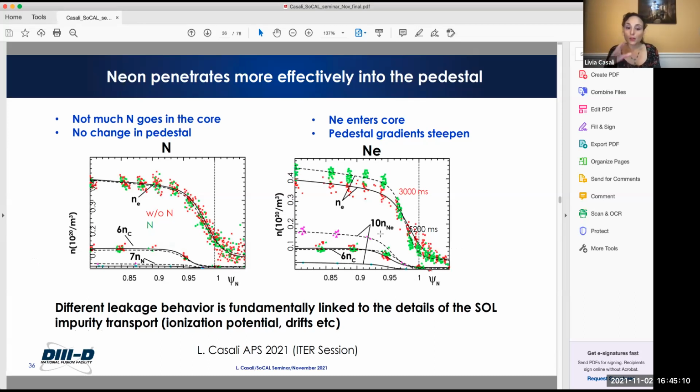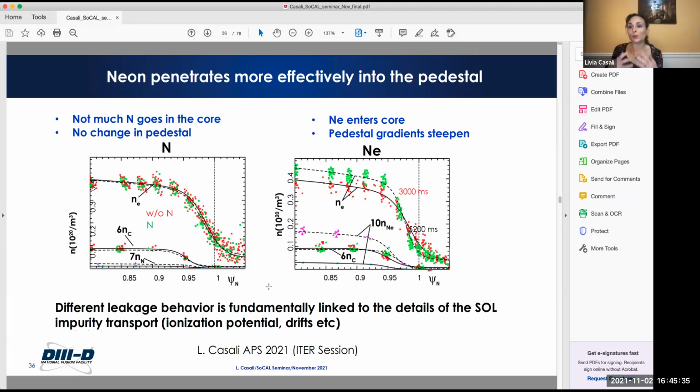Now, this different leakage behavior is fundamentally linked to the details of the scrape-off layer impurity transport, which I'm not going to describe here, but actually I'm presenting this at the APS next week. So if someone is interested, you can follow the talk there. But just something to be kept in mind.